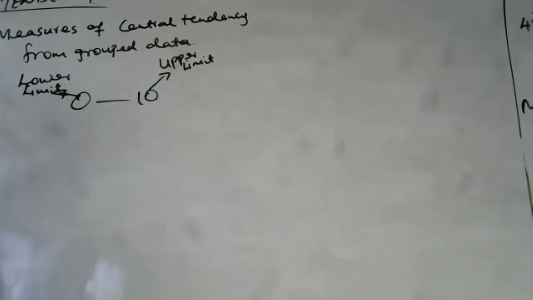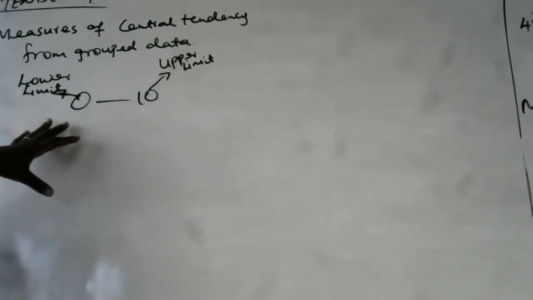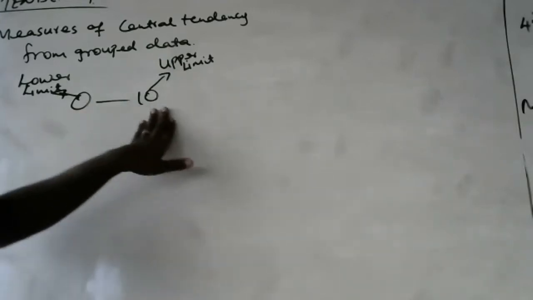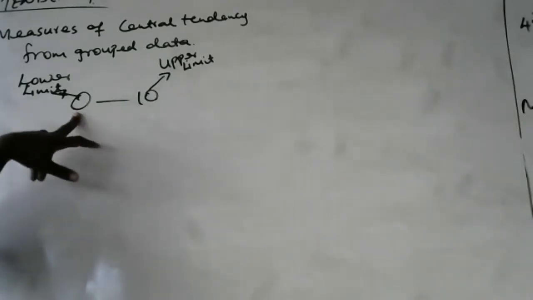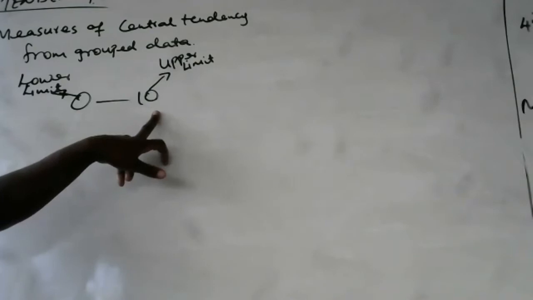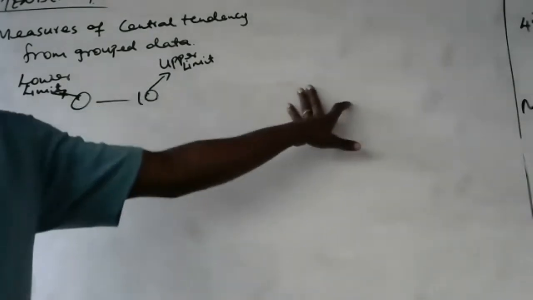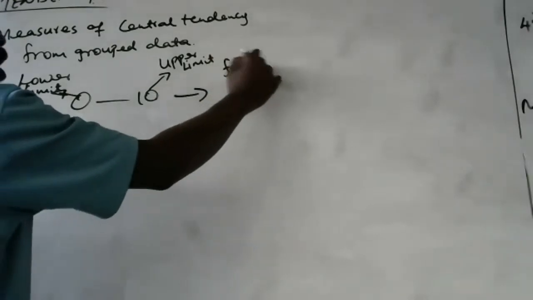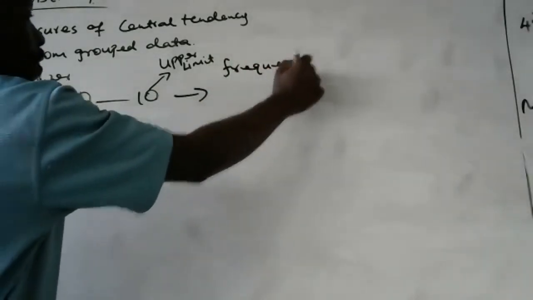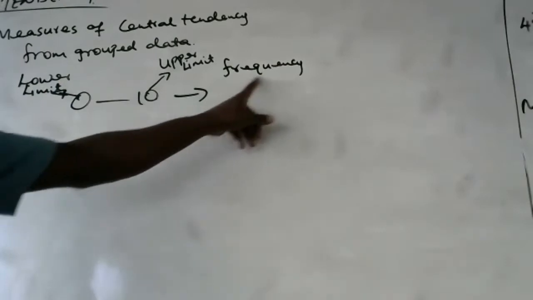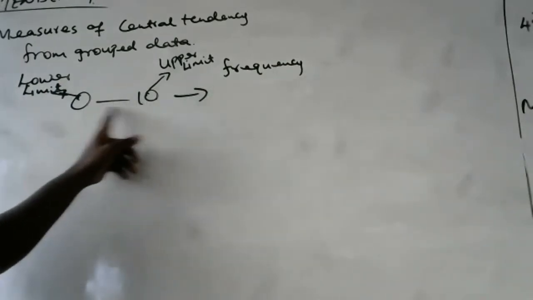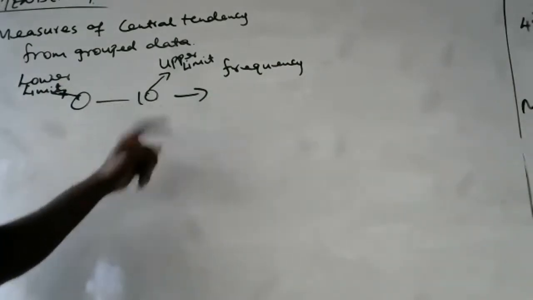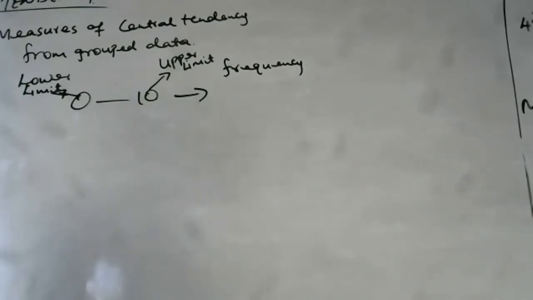So we simply mean those who scored between 0 and 10, whereby the lowest is 0 and the highest is 10. How many students were they? Then on this side, we are going to have what we call the frequency. The frequency is the number of values that fall within this range from 0 to 10.